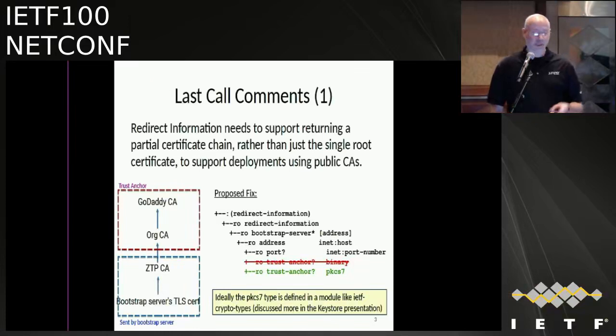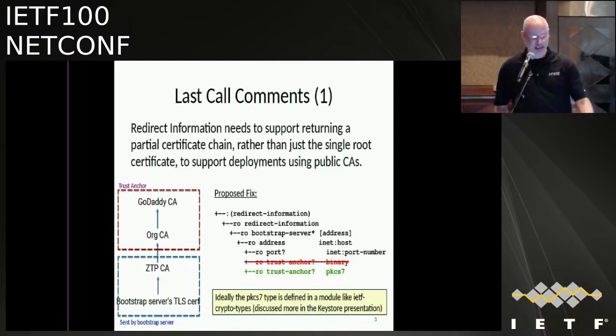So what we need to be able to support is for the server, when it's returning the redirect information, to provide that partial chain. This would be the red box at the top. So the trust anchor, if you will, we're crossing out the binary. The binary actually represents an X509 certificate, so it's becoming a PKCS7, which is actually just containing the partial chain of certificates.